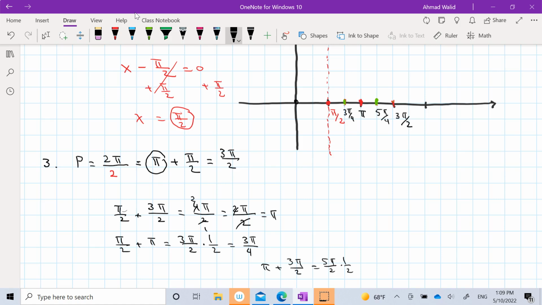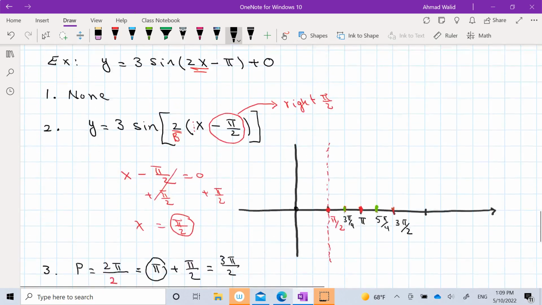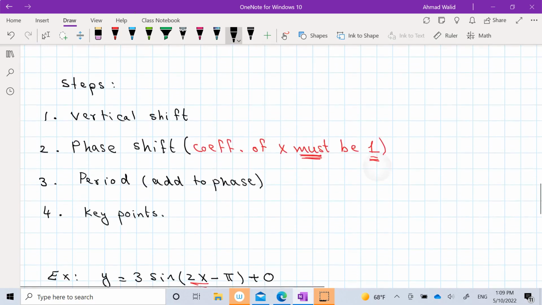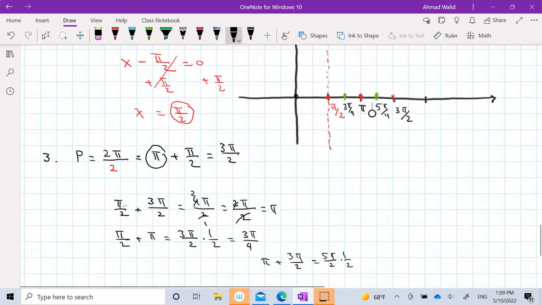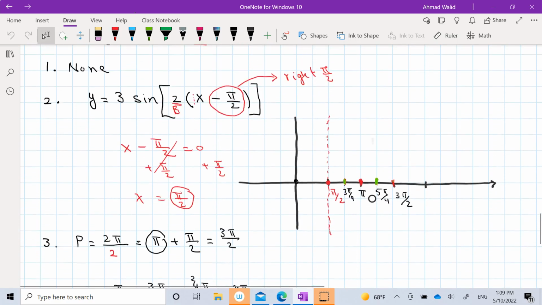Now you are done with your period. Exactly where is the period, where is the beginning of the graph, where is the end of the graph, where is the center, and where are the quarters. You marked all of them. The next step is to actually find the step number 3, 4 key points, and also which graph you are dealing, where are the zeros.